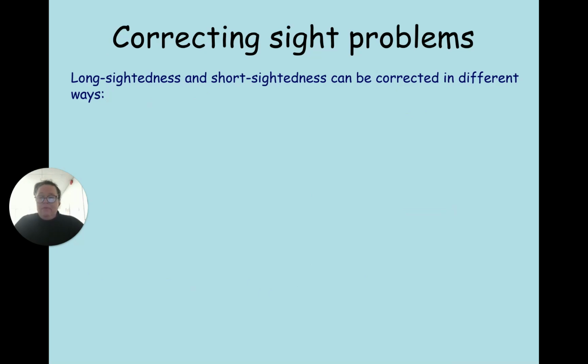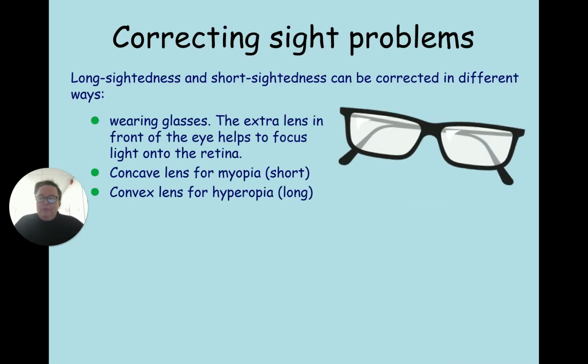Right, now if we want to correct these things, we can use lenses. So we've got, well actually there's four ways. So wearing glasses is the most common one. And what the lenses here actually do is help that eye focus on the retina instead of in front of it or behind it.